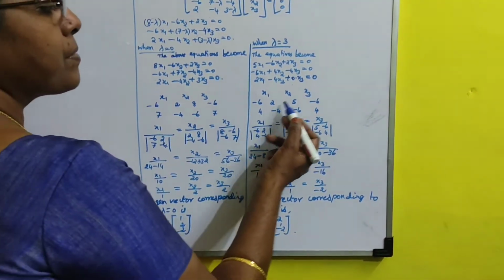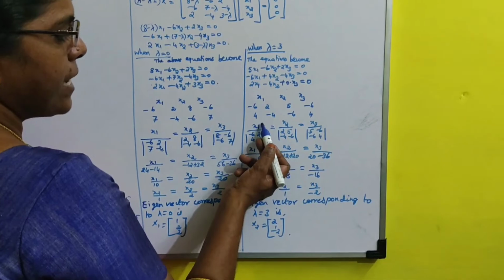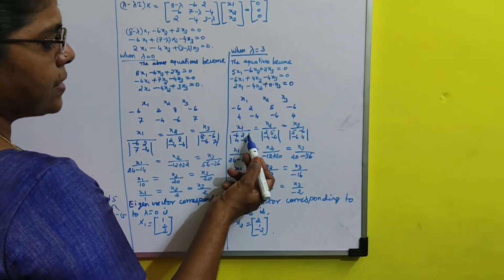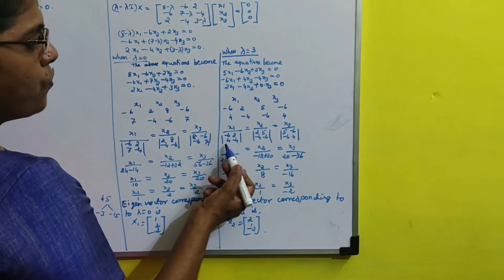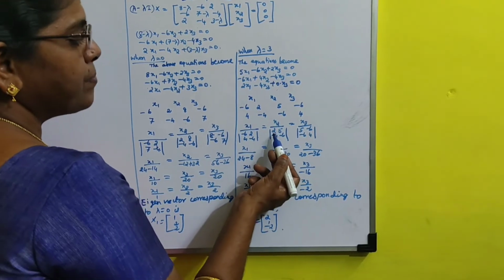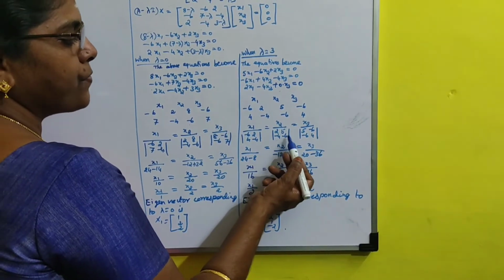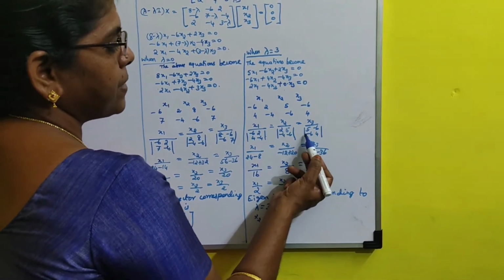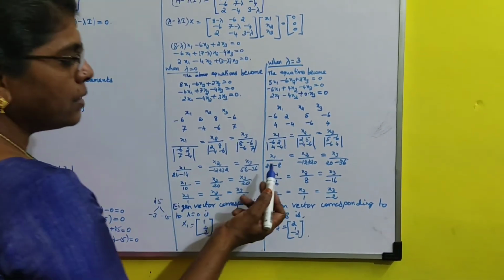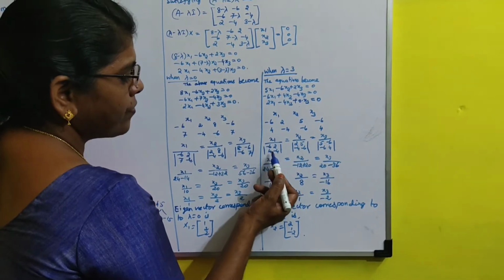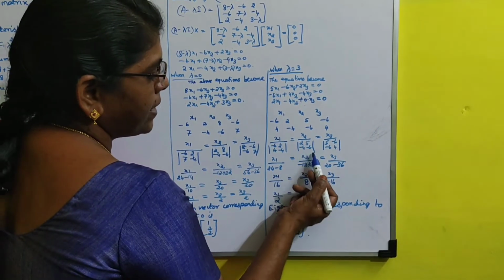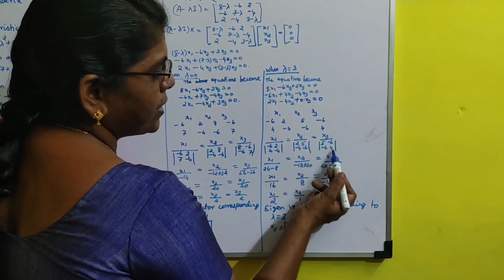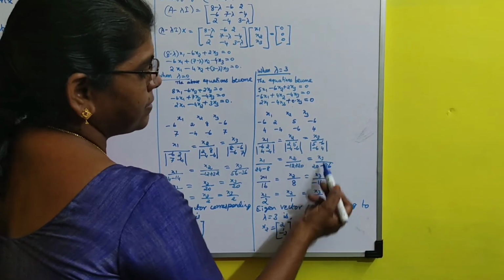By using the cross multiplication method, we will have x1 divided by the determinant of minus 6, 2, 4, minus 4, x2 divided by the determinant of 2, 5, minus 4, minus 6, x3 divided by the determinant of 5, minus 6, 4. Now the determinant values are 24 minus 8, here minus 12 plus 20, minus 36.